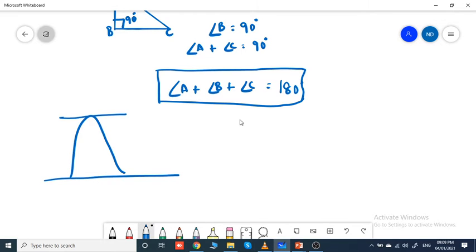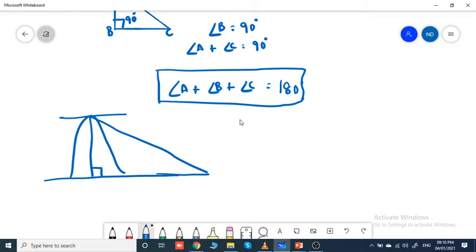I will tell you a small simple concept of how they use it. Here they will take one line here, one line here, and one line here. So by using these three lines, I think you can understand that it is one right angle triangle.